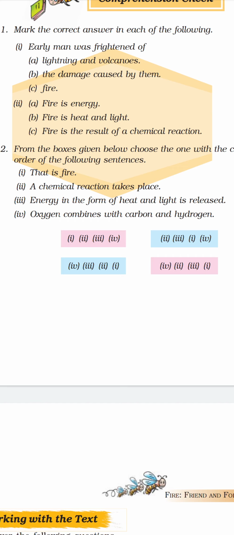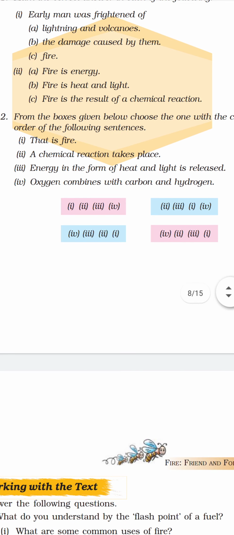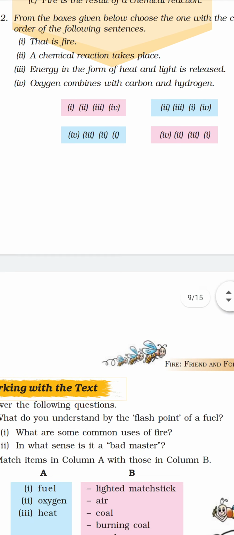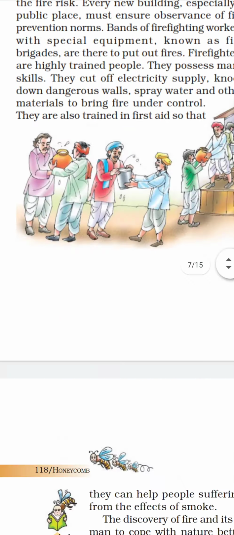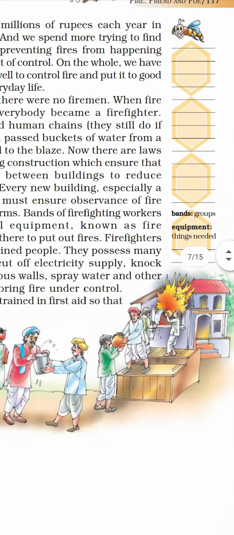The first one is oxygen combines with carbon and hydrogen. The second would be a chemical reaction takes place. The third one would be energy in the form of heat and light is released, and the last one is that is fire. All of you listen carefully. Now moving on to the next questions.